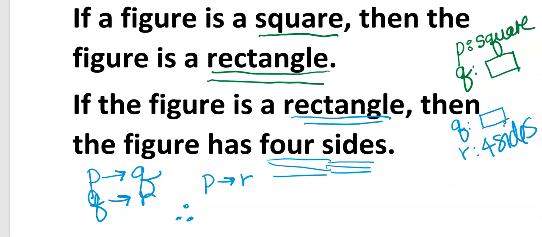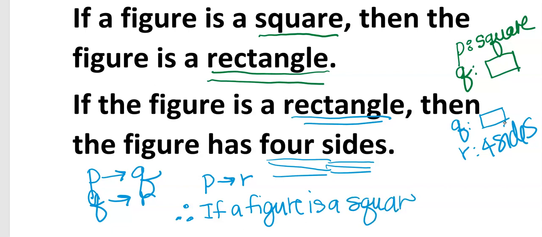So if a figure is a square, then what do I write last? We need the R part. What was R again? 4 sides.